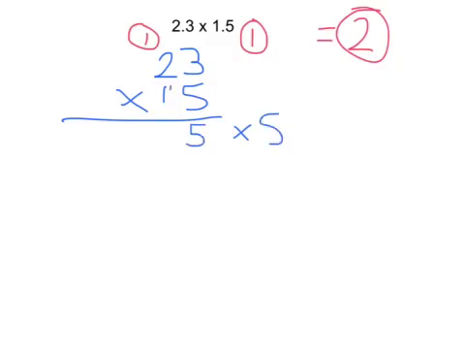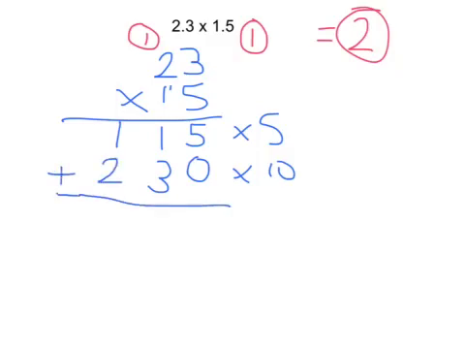Carry the 1. 5 times 2 is 10, add the 1, 11. Now I've got to multiply by 10, so I put 0 there, multiply by 1. 3 times 1 is 3, 1 times 2 is 2. Add them together, I get 5, 4, and 3.